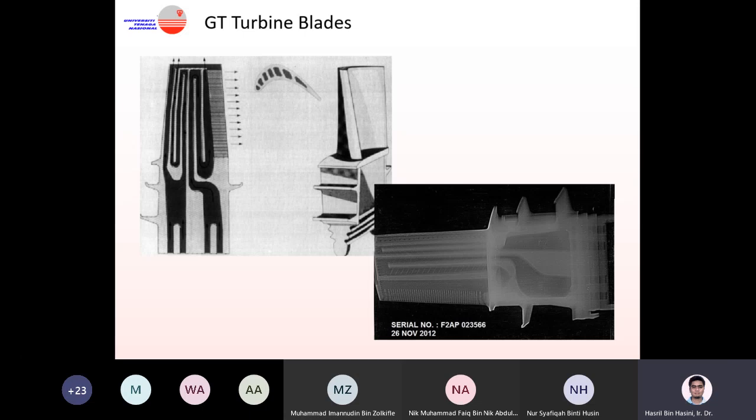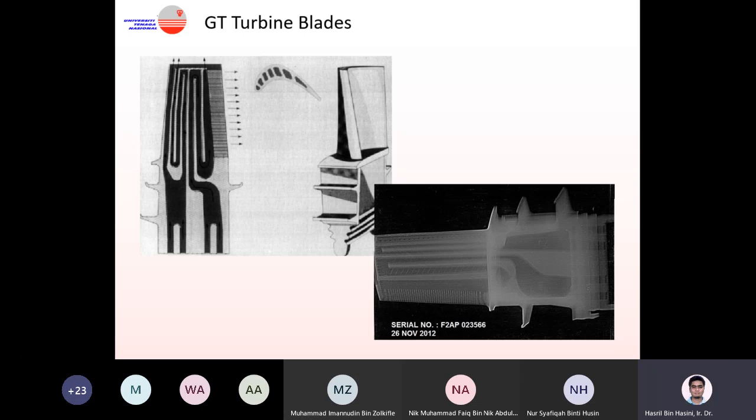So you can see there are some kind of channels that allow the air to come in. The air that comes in is coming through the compressor. Remember the compressor compresses the air. The majority of the air that goes through the compressor will go through the combustor.